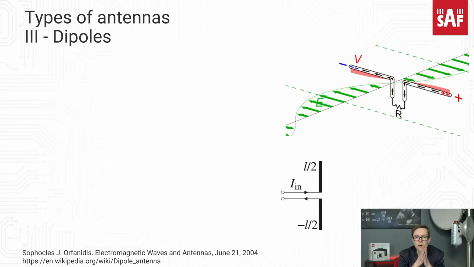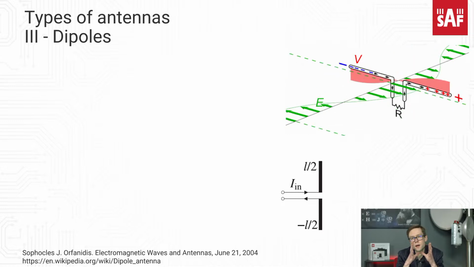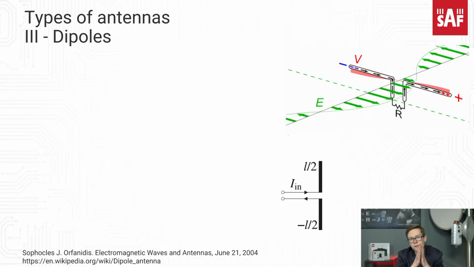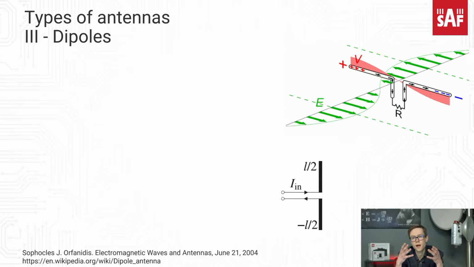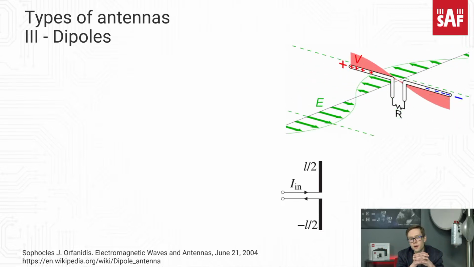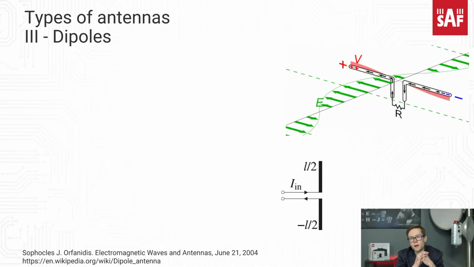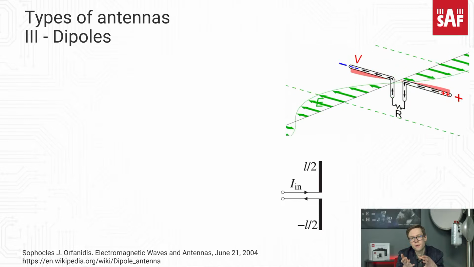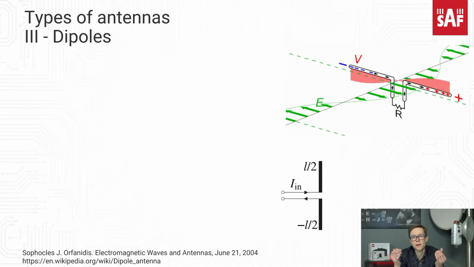We can see that the feeding element, the feeder, is connected in the middle of both rods or both wires of both elements, right? And there is a standing wave occurring, like we learned previous time. And there is an electromagnetic wave produced by this alternating current over these two elements, right?